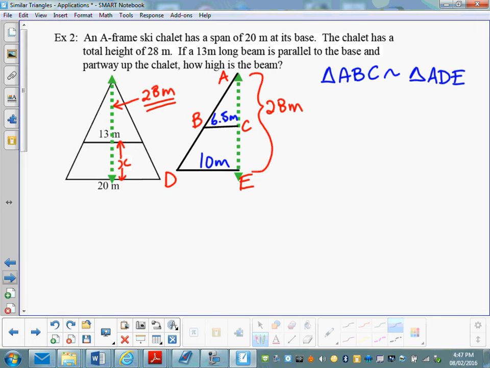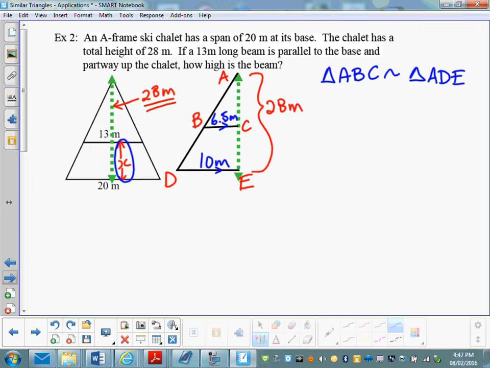And they're similar when we have this situation where these lines are parallel to each other, like it says in the question, then we've created similar triangles there. So the issue here is that if I'm comparing the big triangle and the small triangle, this part X that I want to find the length of isn't part of any triangle there.